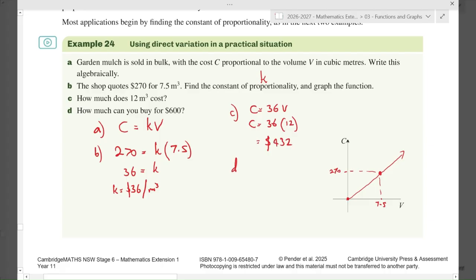Then when you get a question that says, all right, well, how much can you buy for $600? Well, we already know that C equals 36 times V. So now we've got 600 equals 36V. And how do we find out what V is? What's the volume we can get? Divide both sides by 36.